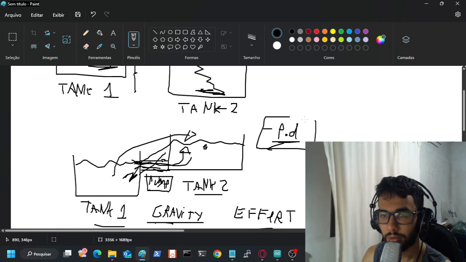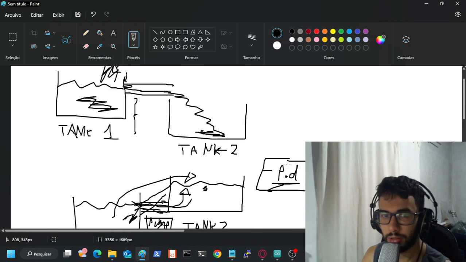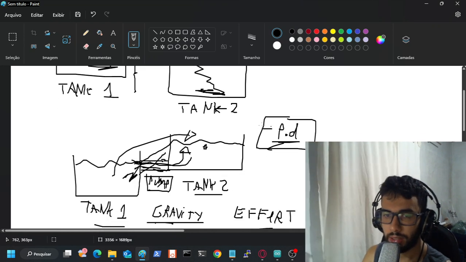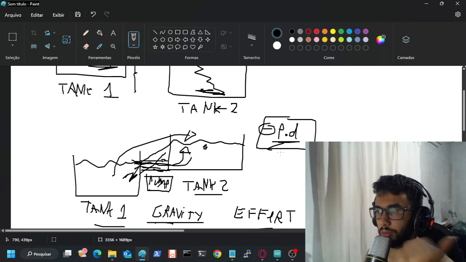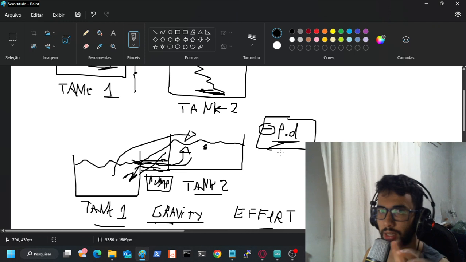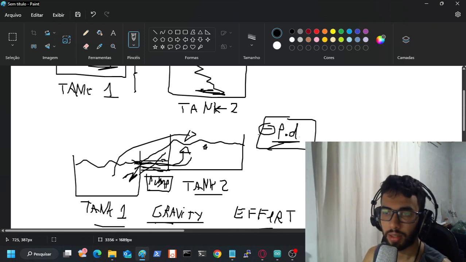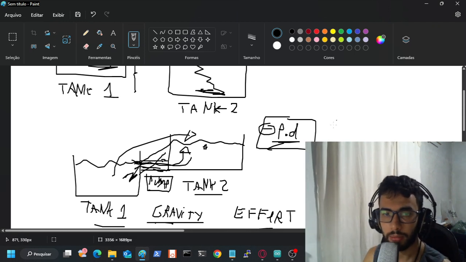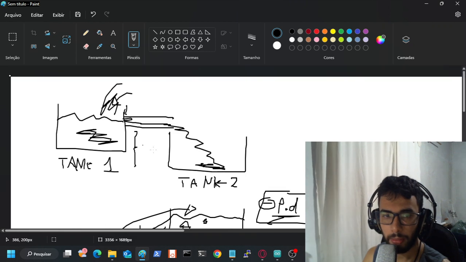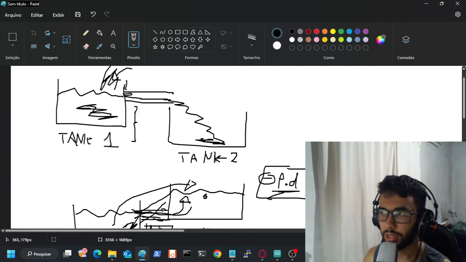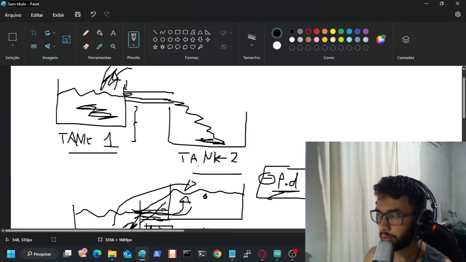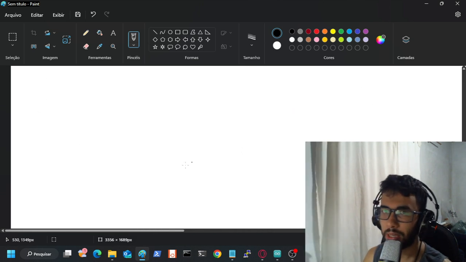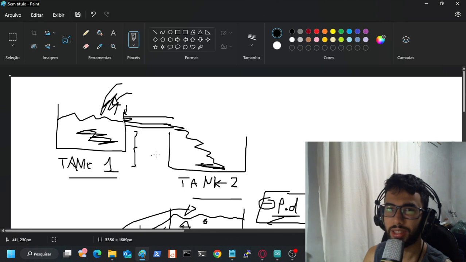Because we also have this potential difference, but it's negative. It's flowing from tank 2 to tank 1 and not the opposite. So as we discussed before, from tank 1 to tank 2. So that's the idea behind how basically electricity works.